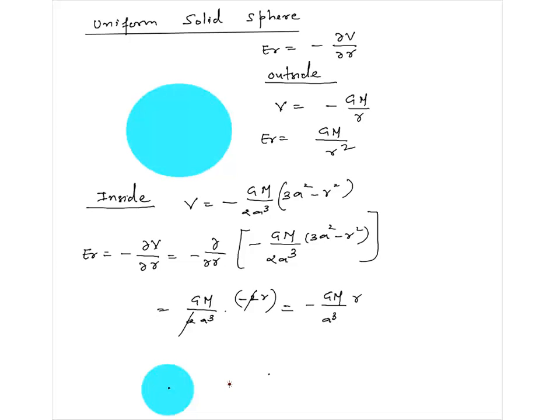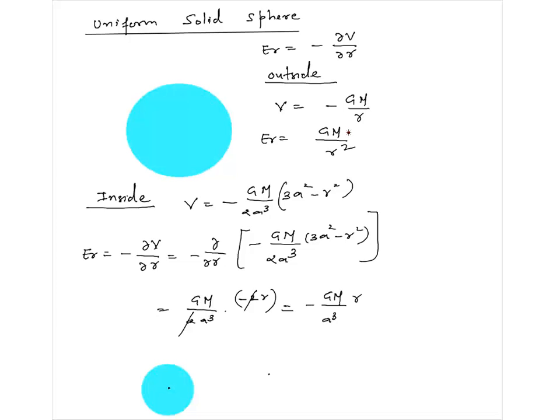So in the context of Earth, the behavior of g should be similar, meaning if you watch outside the Earth, then ER is GM by r square. That means g should also fall as r increases.